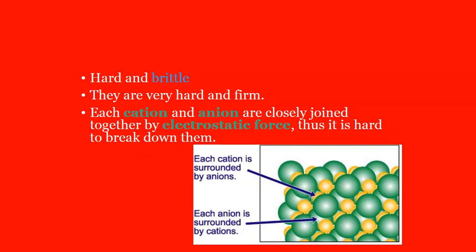Each negative ion is surrounded by a positive ion, and each positive ion is surrounded by a negative ion, forming a regular pattern of positive and negative ions called a crystal lattice. There is a very strong force of attraction between so many oppositely charged ions, and that makes them hard and firm.